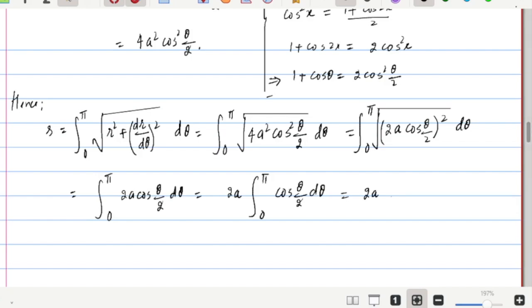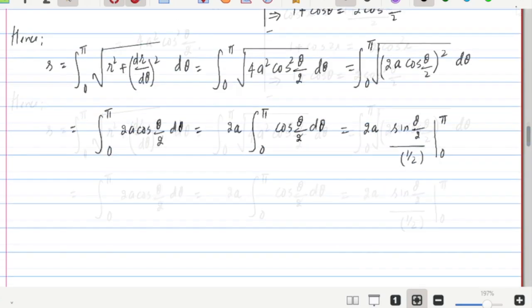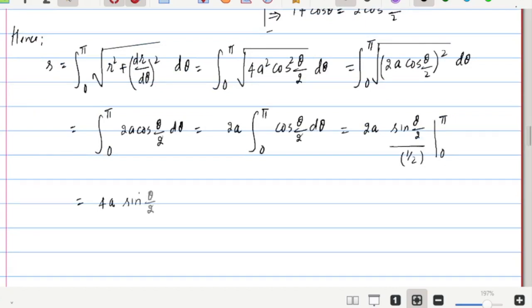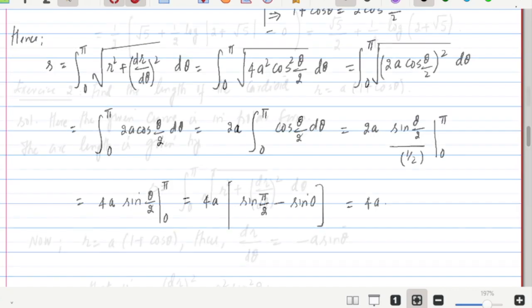Now cos theta by 2 integral is sin theta by 2, और इसको डिवाइड करना है coefficient of theta which is 1 divided by 2, and its integral varies from 0 to pi. So finally this becomes 4a sin theta by 2 and integral varies from 0 to pi, so this is equal to 4a. Now when theta is equal to pi, we get sin pi by 2 minus sin 0. Therefore this is finally equal to 4a because sin pi by 2 is equal to 1.